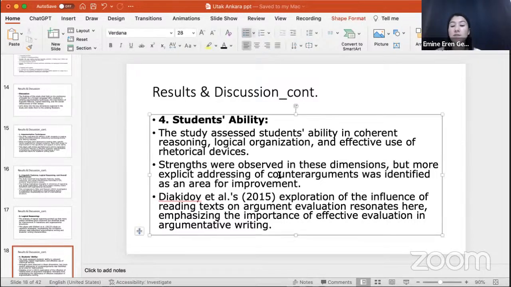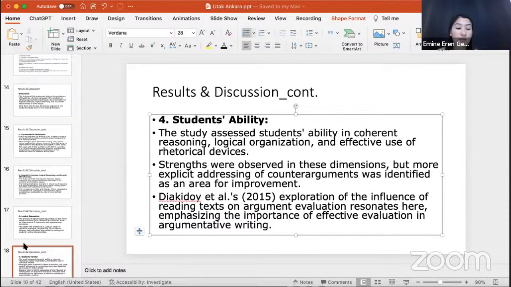They showed difficulty in presenting counter-arguments and refuting them. And the Diakidois study, 2015, an exploration of the influence of reading text on argument evaluation, resonates here, emphasizing the importance of effective evaluation in argumentative writing.